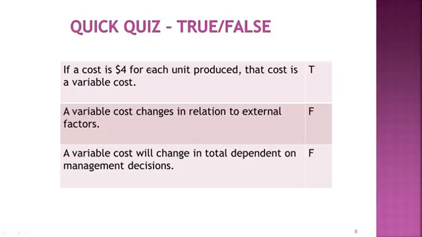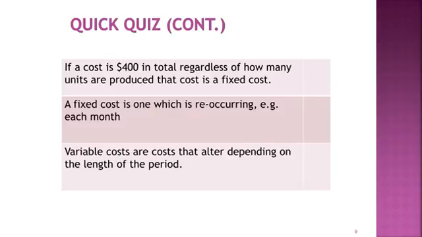A variable cost changes in relation to external factors. We've just seen that that's a misconception and that's false. A variable cost will change in total dependent on the management decision. That is also false. If a cost is $400 in total, regardless of how many units are produced, that cost is a fixed cost. That one's true.